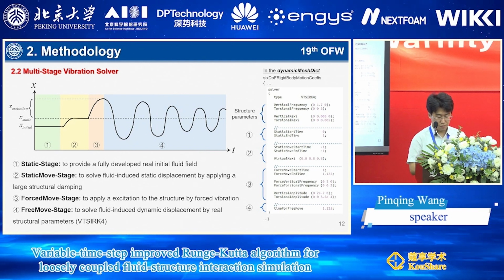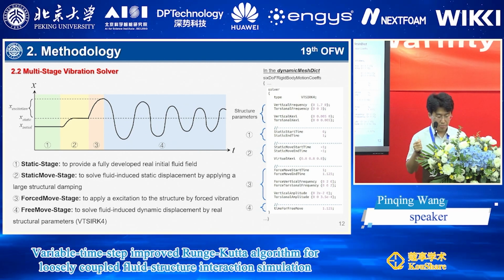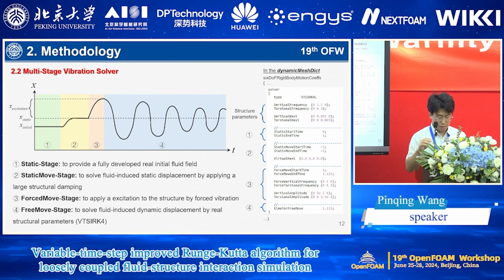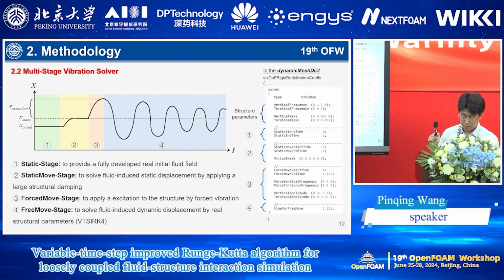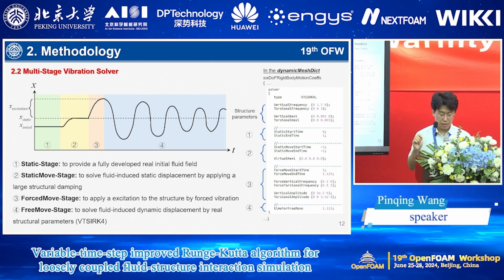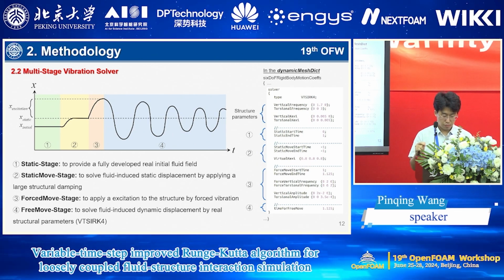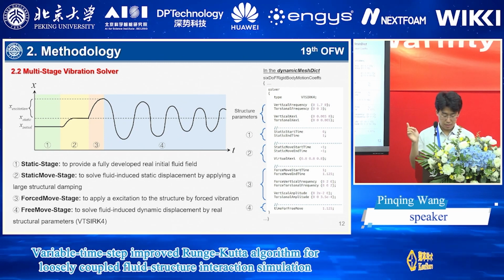Users can define the starting time and the ending time of different stages in the dynamicMeshDict. As the right figure shows, if we don't need a stage, we can define a negative value for the starting and the ending time like this.